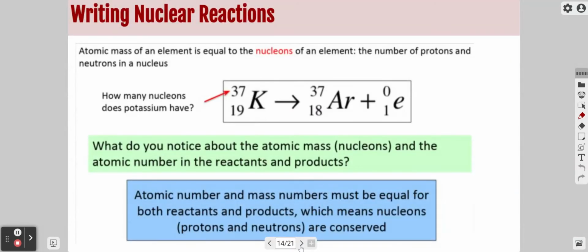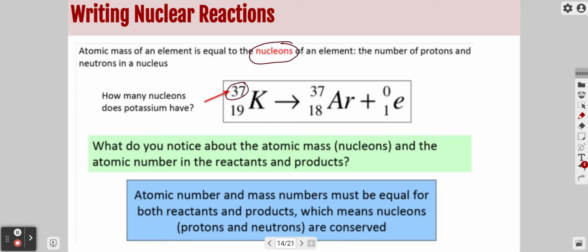All right, so we're going to practice writing some nuclear reactions now. One thing you'll notice is that there's a new term on this page, the nucleons. The nucleons is just the number of protons and neutrons in the nucleus. So nucleons of potassium is 37.